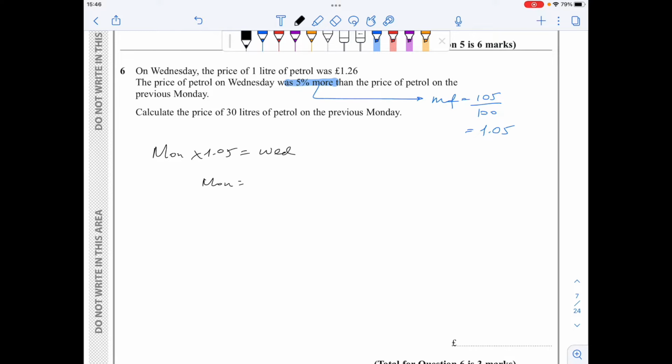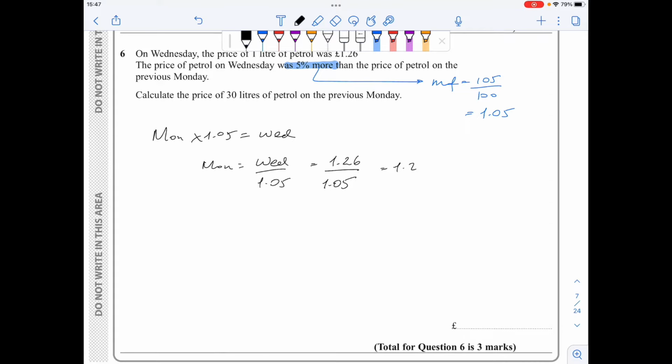So Monday's price is Wednesday's price over 1.05. That's 1.26 over 1.05, which comes out to be 1.2. Now this is for 1 liter, so for 30 liters, I'm just going to multiply 30 by 1.2, which will give me 36 pounds. That's my final answer.